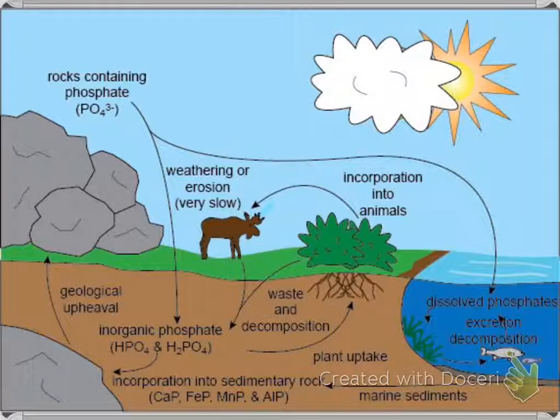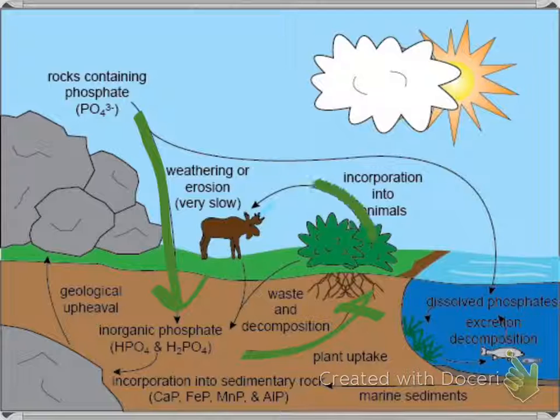Now, the next way that phosphate is introduced into the environment is through it being absorbed into inorganic phosphate. This is then taken up by producers and is incorporated into animals through producers. So this should be a familiar cycle from producers to consumers.